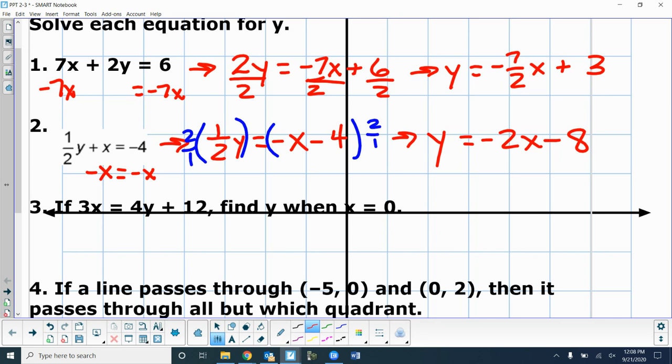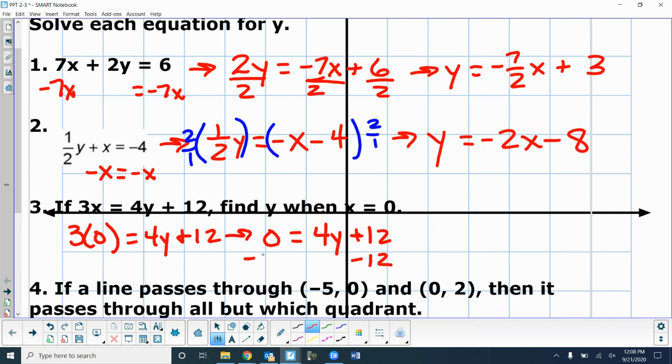So that says if 3x equals 4y plus 12, find y when x is 0. So all we got to do is put 0 in for x. Which gives us 0 equals 4y plus 12. And then we're going to subtract 12 to solve for y.